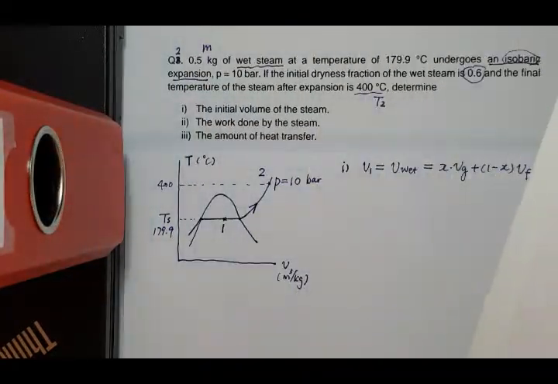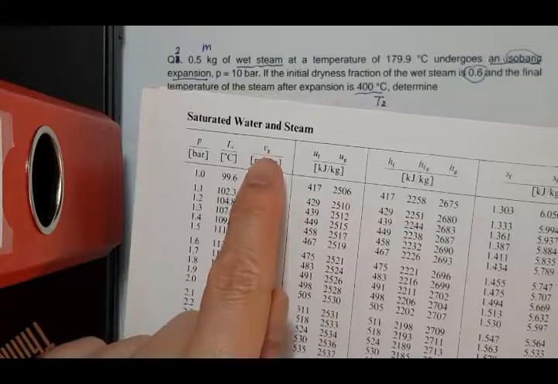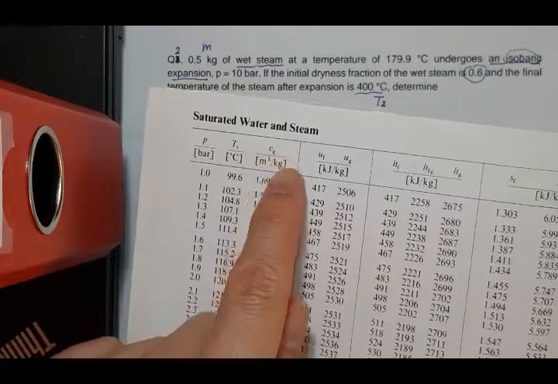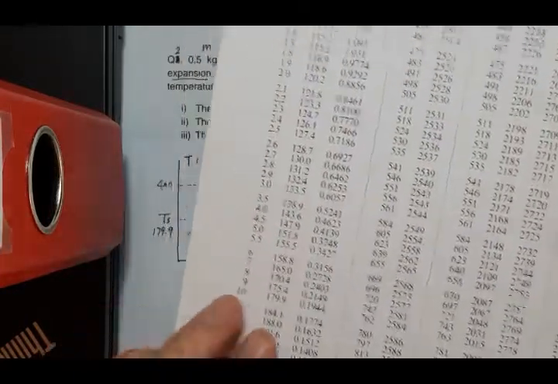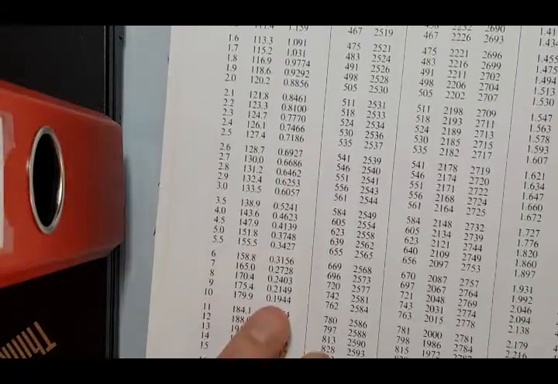Okay, so first of all, we need to find Vg. So let me find the pressure of 10 bar. For saturated water and steam, you can see the third column is Vg, right? So we just need to find the pressure, because pressure is 10 bar. So that's 10 bar, third column, okay?